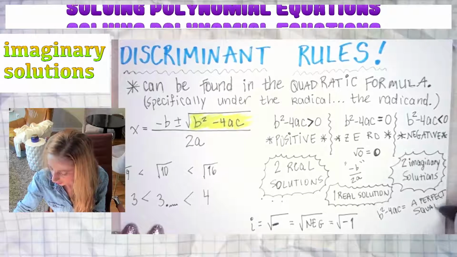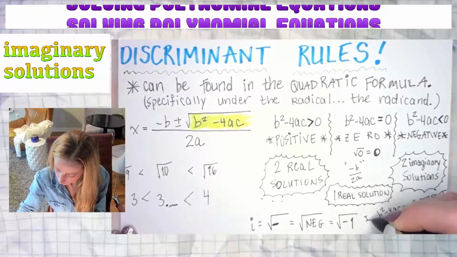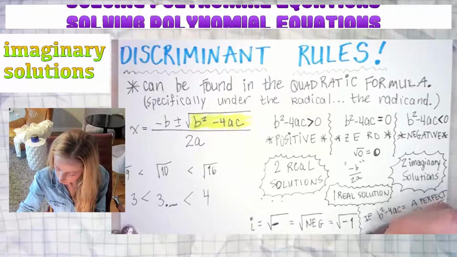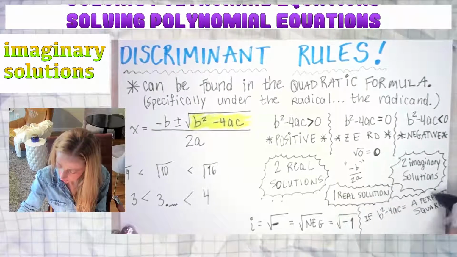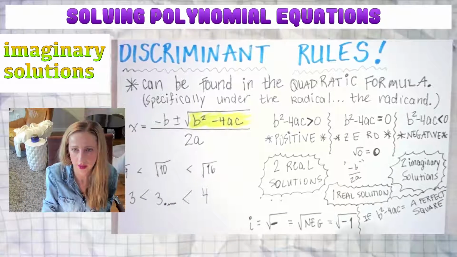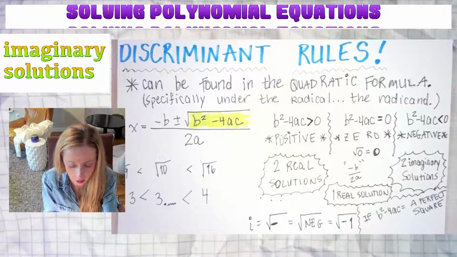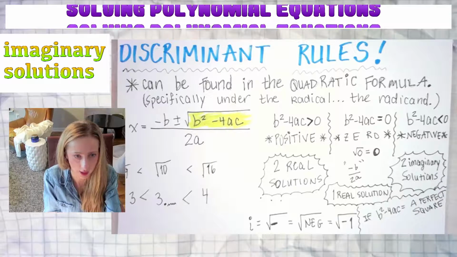What's a perfect square? Who knows? If b squared minus 4ac equals a perfect square.